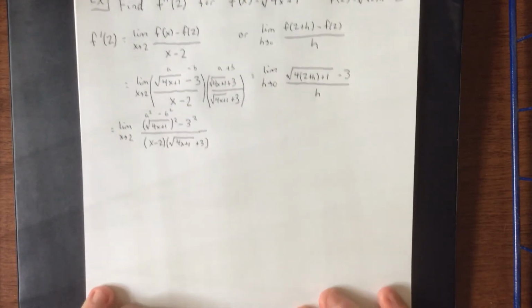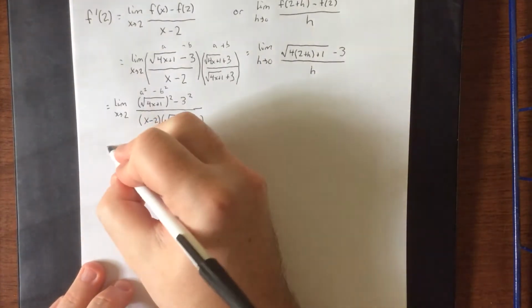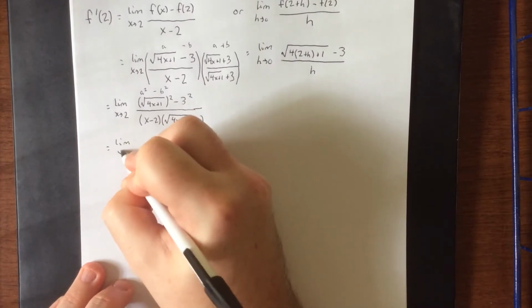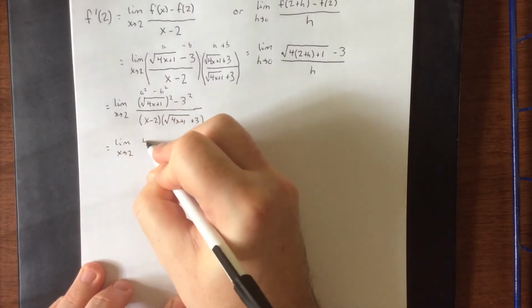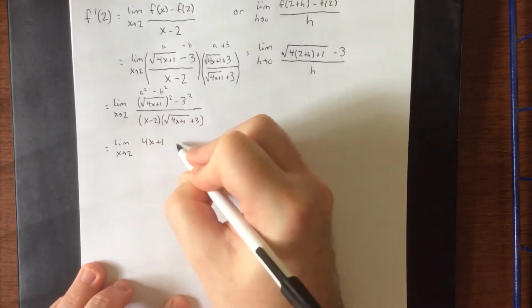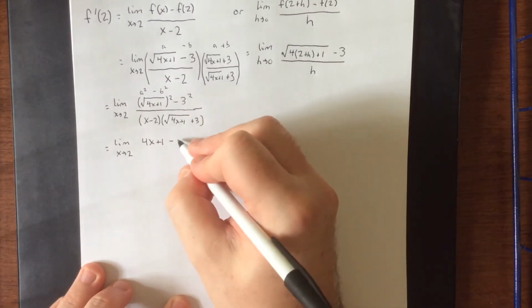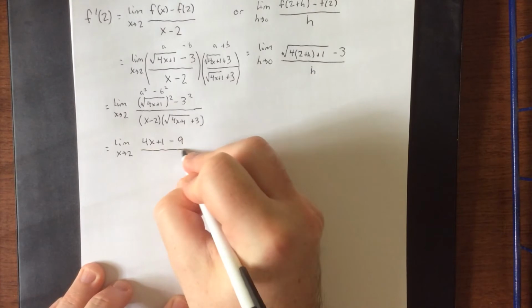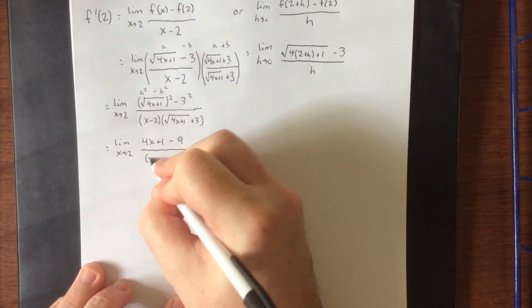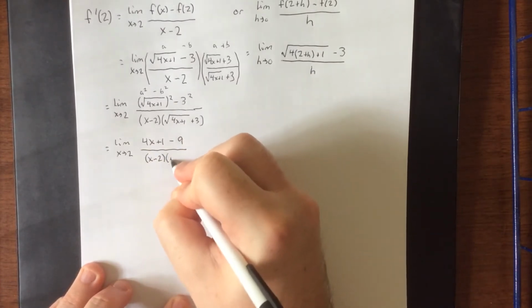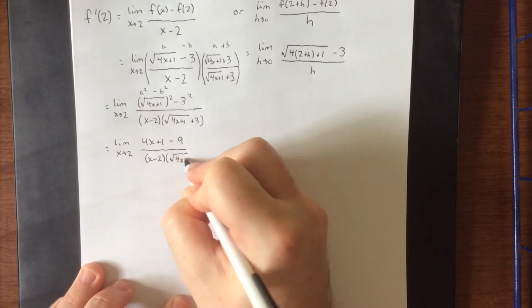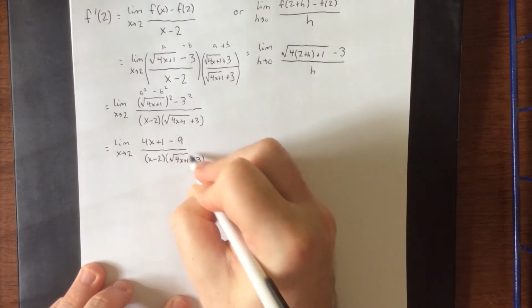Continuing to simplify that numerator, this will be the limit as x approaches 2 of 4x plus 1. The square cancels the radical, minus 3 squared, which my calculator tells me is 9, over x minus 2 times the square root of 4x plus 1 plus 3.